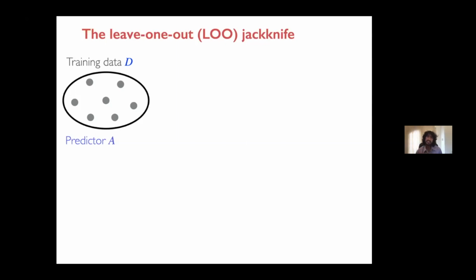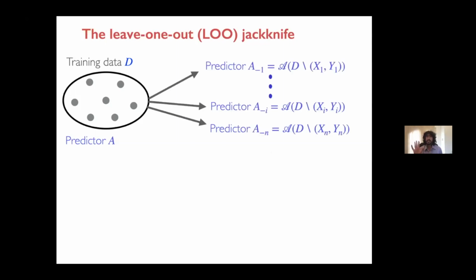A natural answer is given by what's called the leave one out Jackknife. This is how it works morally. You take your training data, you have some prediction algorithm, script A, and you train n predictors, each time leaving out one data point. So you apply script A on your data set when you leave out x1, y1.